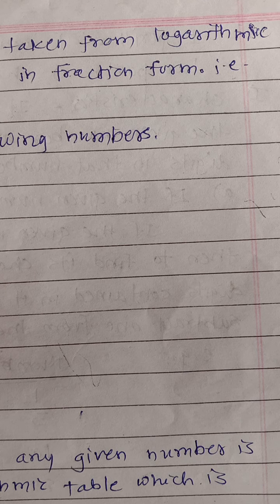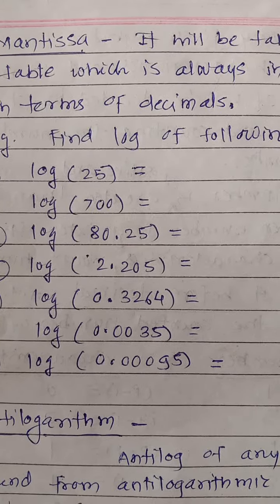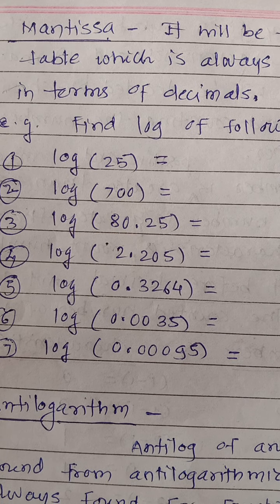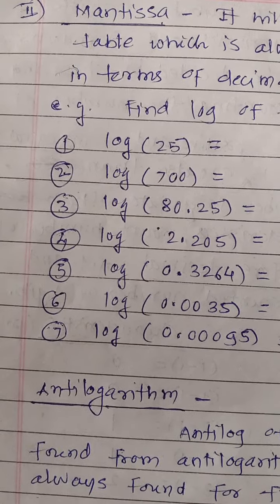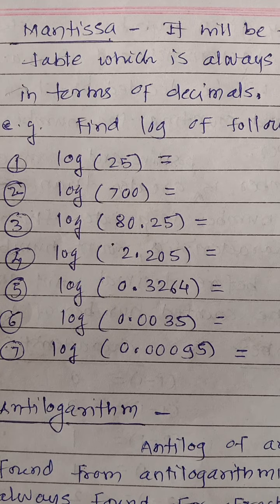That means in terms of decimals, it will always be present. That mantissa will always be taken from the logarithmic table. So the characteristic will be decided by ourselves, and the mantissa will be taken from the logarithmic table.